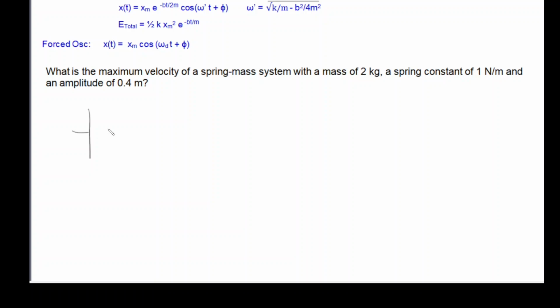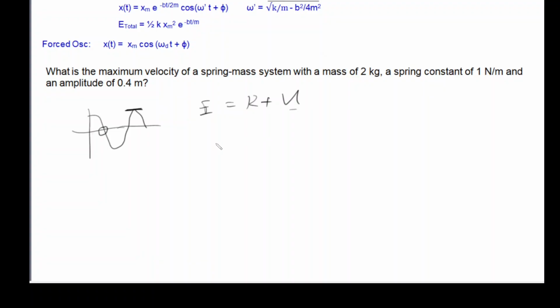So if we draw our graph, we know total energy is equal to kinetic plus potential, and kinetic is maximum when x is 0, where it's going through equilibrium, and potential energy is maximum at our maximum amplitude.